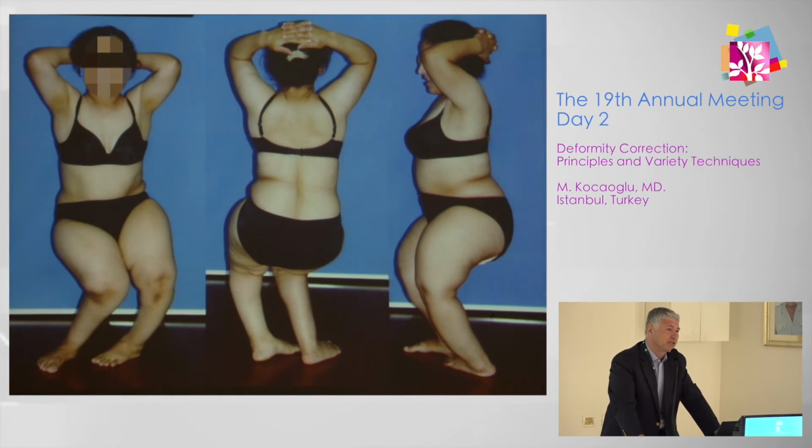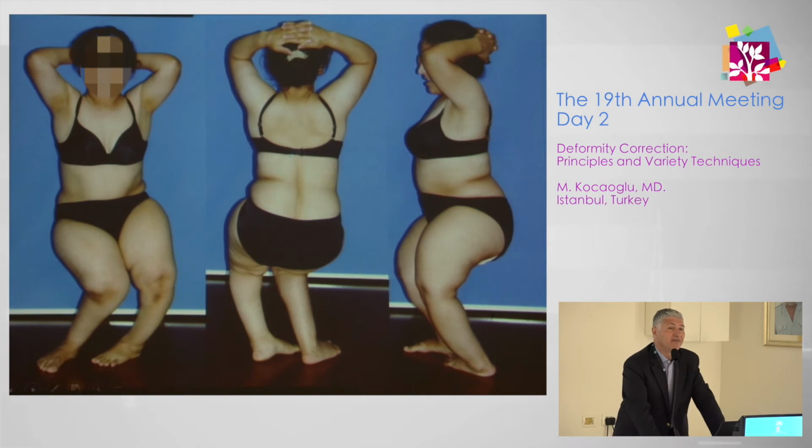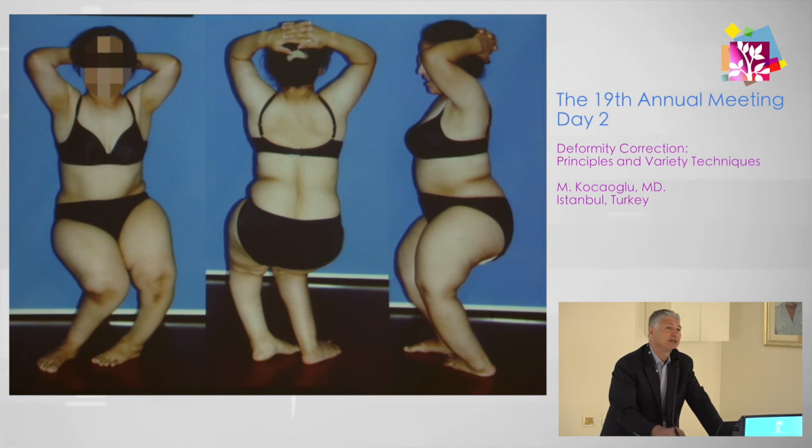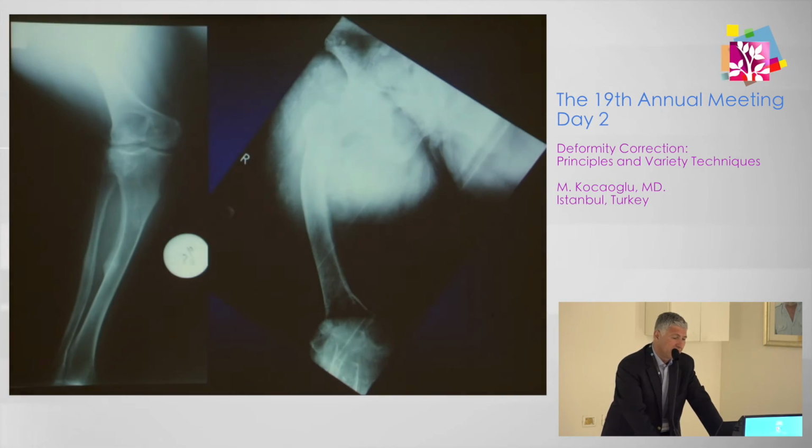This is another patient with huge deformities in the frontal plane and in the sagittal plane. The patient was very disabled in walking and in daily life. She was sitting all day in a call center and was not able to walk much.